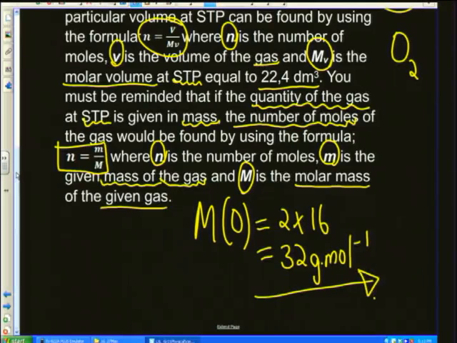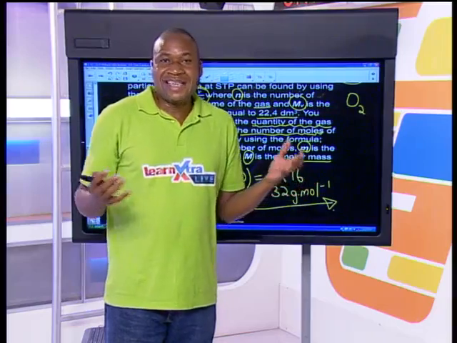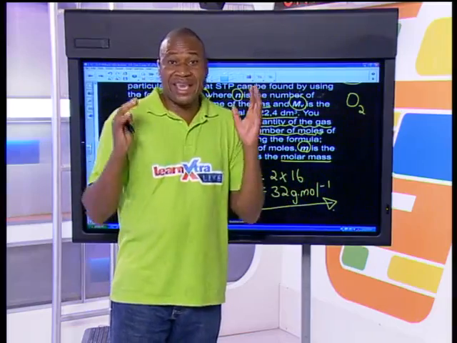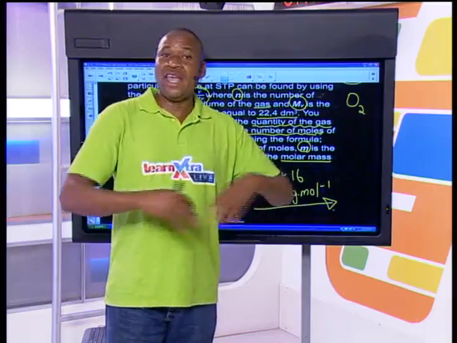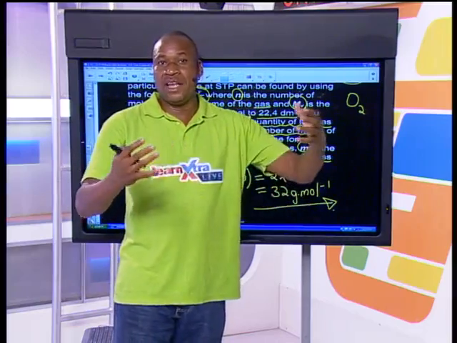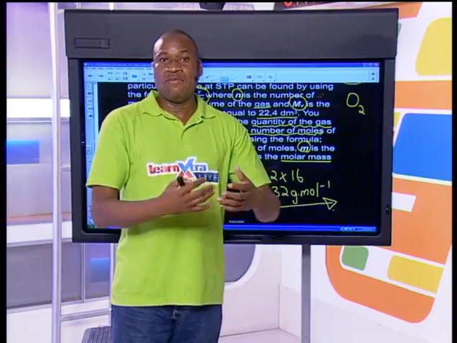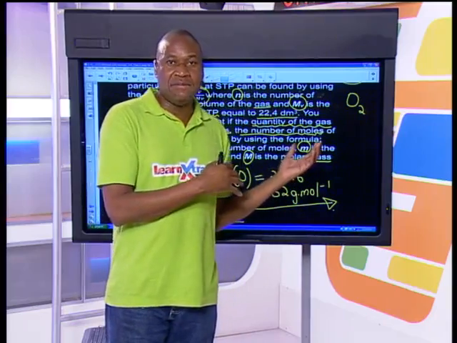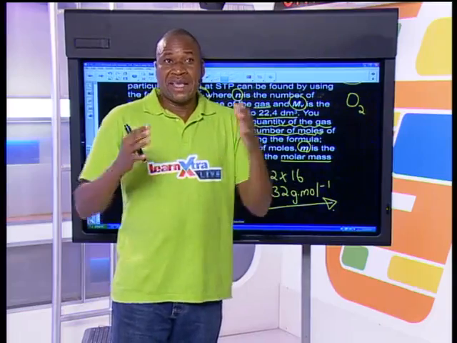So if you are to find the molar mass of a certain gas, because we're talking gases, of course we can use it for any other situation, maybe looking for the molar mass of calcium carbonate, which is a solid, you can use the same equation. But for now, we're talking gases.